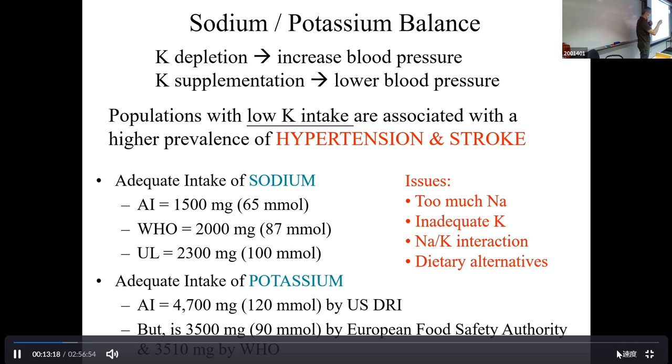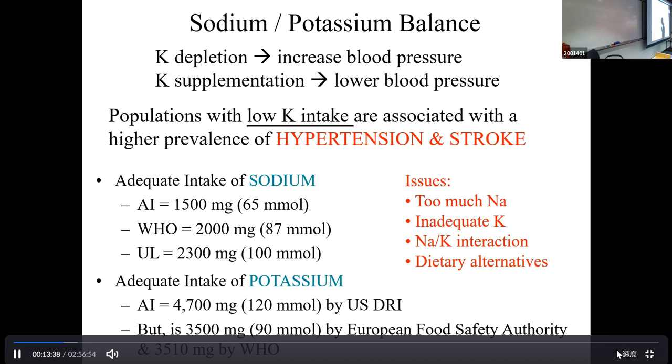I want you to remember that because we will come back to this point in the subsequent slides. So the issues are: we are taking in too much sodium, not taking in an adequate amount of potassium, and there's a significant sodium-potassium interaction.